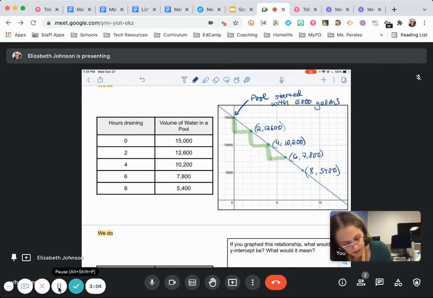Okay. And as it goes over 2, it's going down 2,400 for every one of these steps. Down 2,400 and over 2. And really, that's the same as going down 1,200 and going over 1. That's an equivalent slope, and those points would all be on our line too. So that's how our graph ties back to our table.